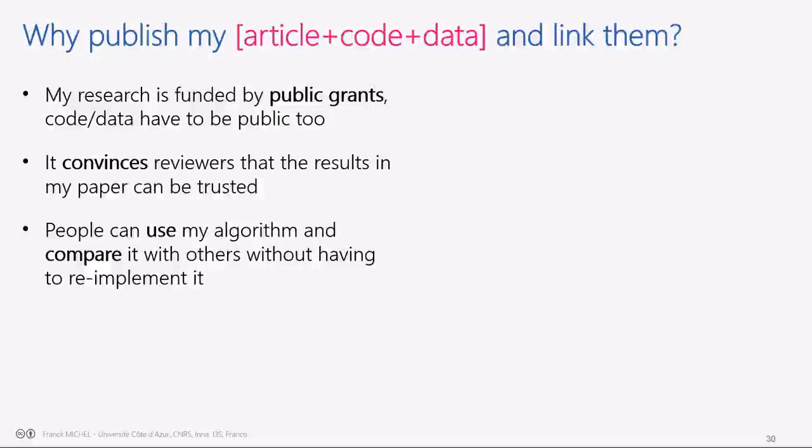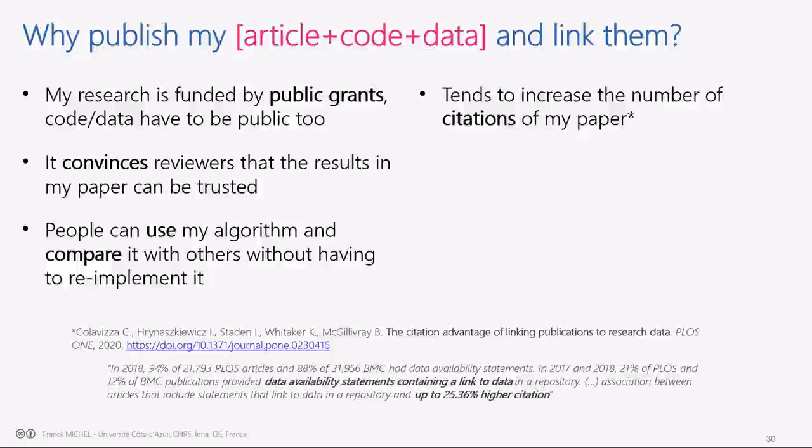And indeed, there are some studies that show a tendency to increase the number of citations of the papers that do provide either the code or the data. Down here, this is a study that dates back to 2020. It's not about code, it's about data availability.